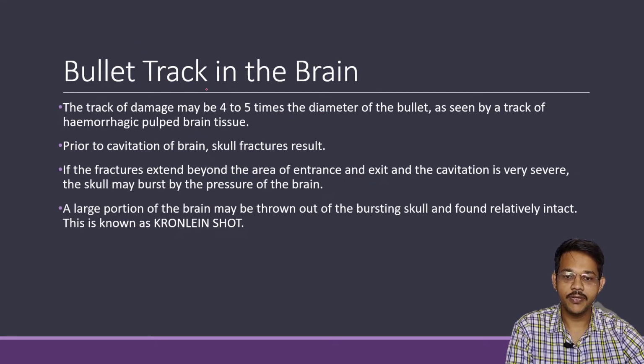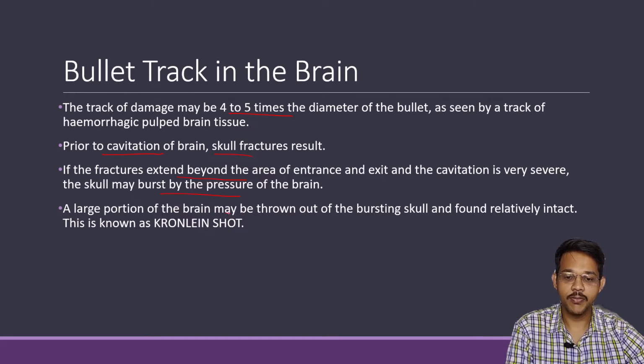In case of the brain, which is a hollow organ enclosed in the skull, many times the track may show damage 4 to 5 times the diameter of the bullet. There is severe cavitation, and it may result in skull fracture. If the fracture extends beyond the area of the entrance and exit wound, the cavitation is very severe, and it may lead to bursting due to the pressure in the brain.